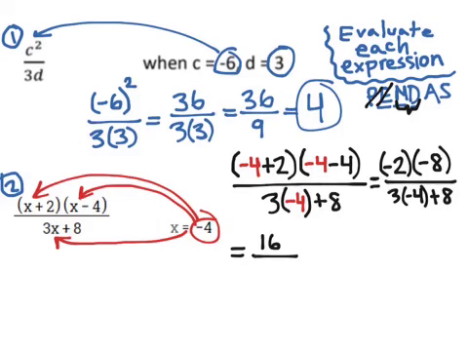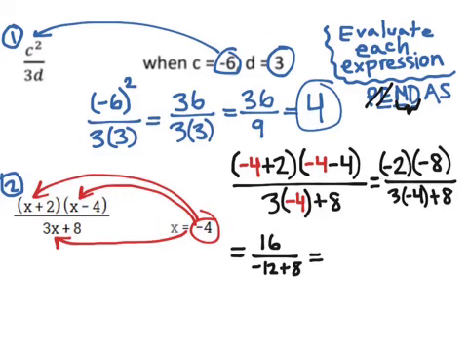Divided by, and we have a little bit more multiplication on the bottom, 3 times negative 4. Remember, that's not 3 minus 4 because it's in parentheses. 3 times negative 4 is negative 12 plus 8. So we have 16 divided by negative 12 plus 8.